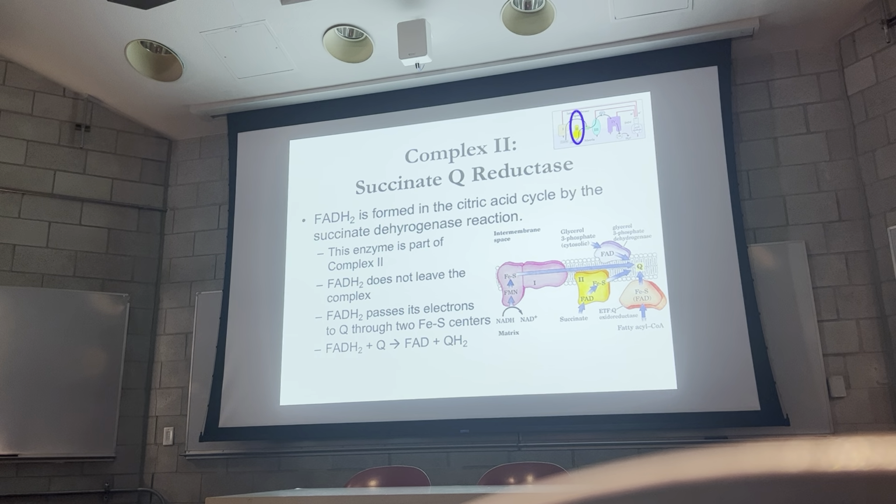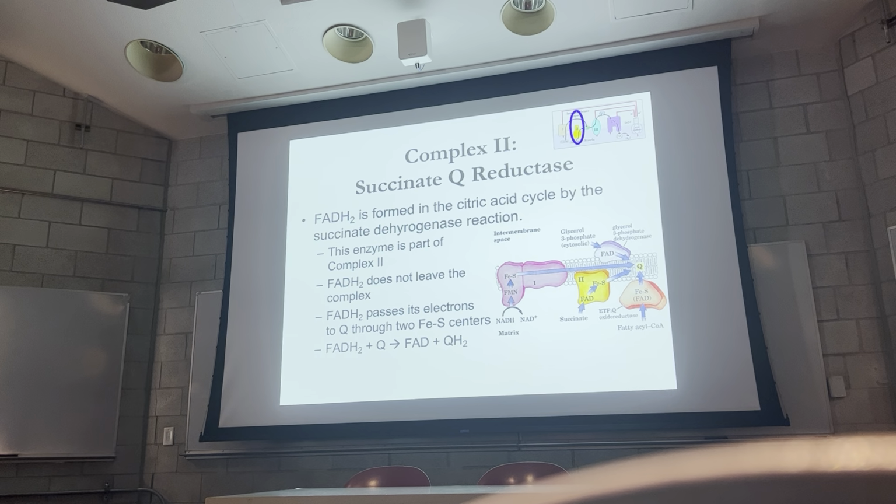So here's what I think is important to understand: how does this Q cycle work? There's actually two different halves of the Q cycle. There's the first half and the second half. So in the first half, what's going to happen is a QH2 comes from the Q pool.